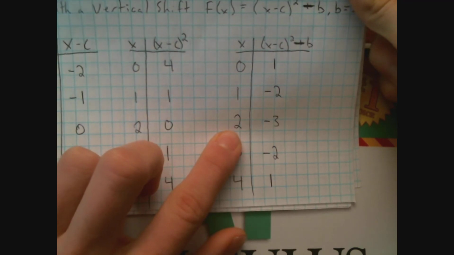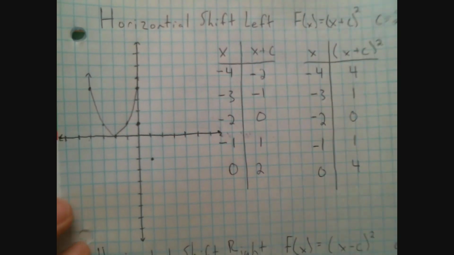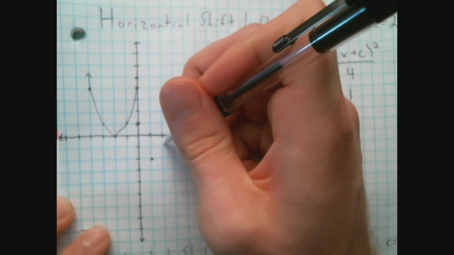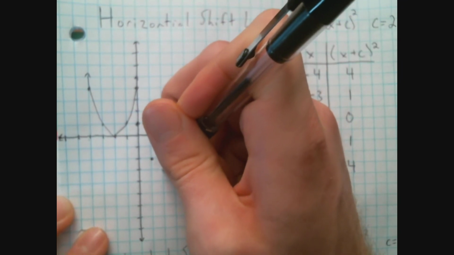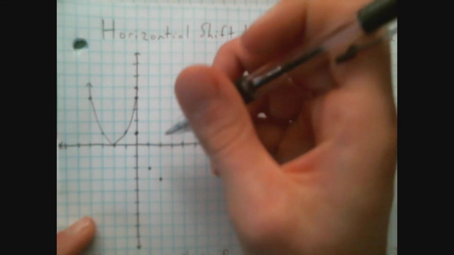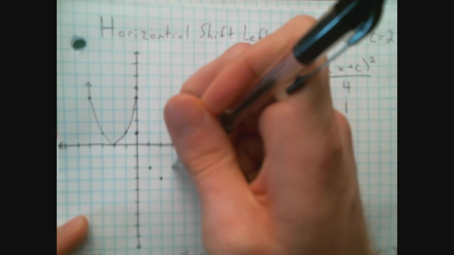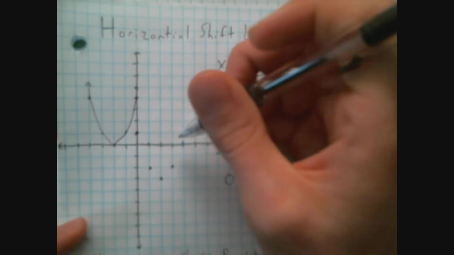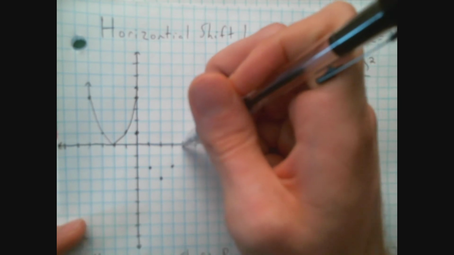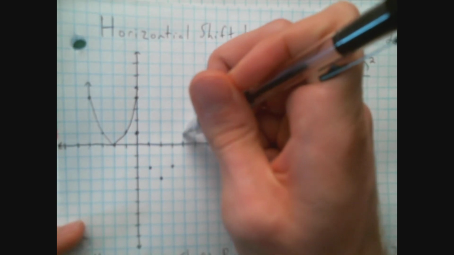Our third point is 2, negative 3, my bad. So we're going to go over 2 and go down 3. Our fourth point is 3, negative 2. So we're going to go over 3, down 2. And our final point is 4, 1. So we're going to go over 4 and up 1.